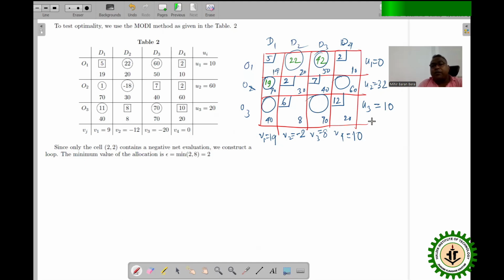Then 10 plus 32 will be 42. 60 minus 42 will give you 18. 19 plus 10 is 29. 40 minus 29 will be 11. And 10 plus 8 is 18. So 70 minus 18, it will be 52.